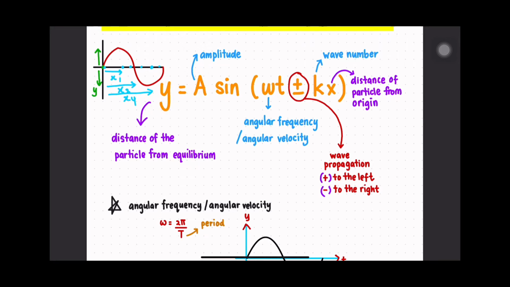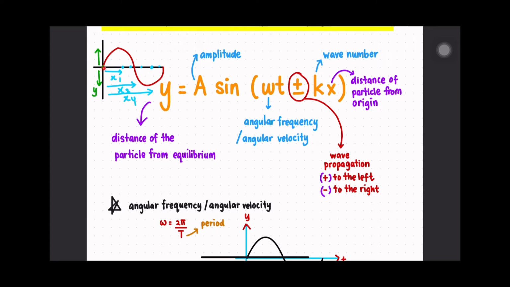And then A is amplitude, meaning the maximum position of the y component. Sine is the function of the graph. Omega is the angular frequency or angular velocity. t is time, plus minus is the wave propagation, where the positive is the wave propagates to the left and negative is the wave propagates to the right. k represents the wave number, and x is the distance of the particle from the origin, meaning the distance horizontally.